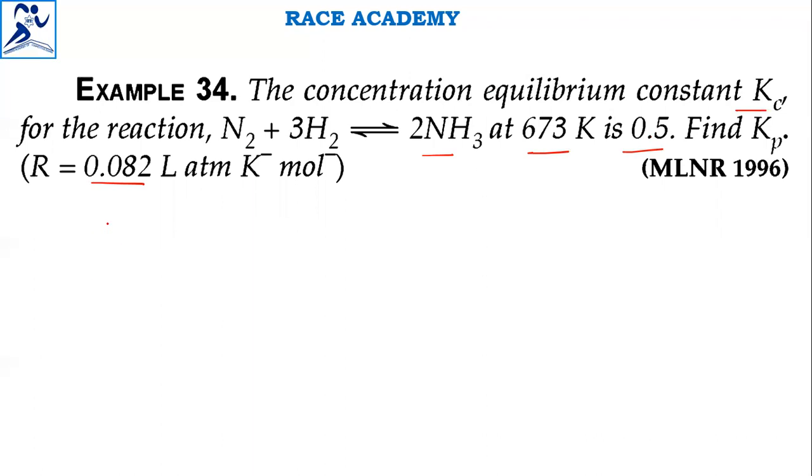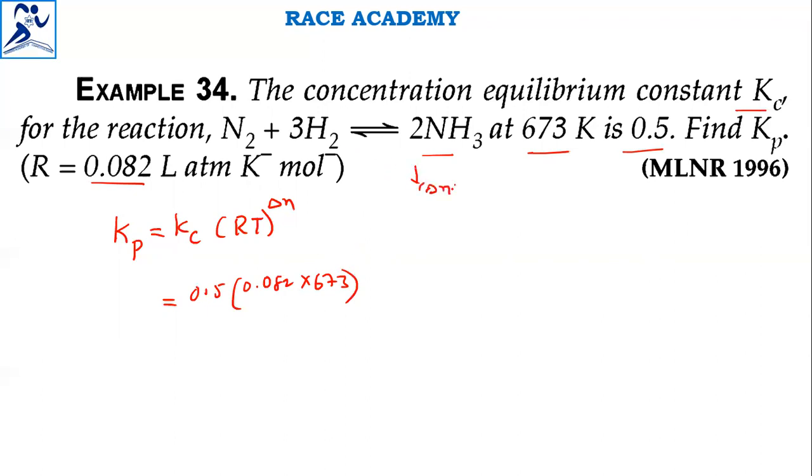So in this juncture, we can happily find what is Kp. So the Kp and Kc relation is Kp is equal to Kc into RT power delta n. And in the problem, they have given the Kc value as 0.5, and the R value given is 0.082, and temperature given is 673 Kelvin, power delta n. For the ammonia equation, the delta n value will be 2 minus 4, and 2 minus 4 is minus 2.